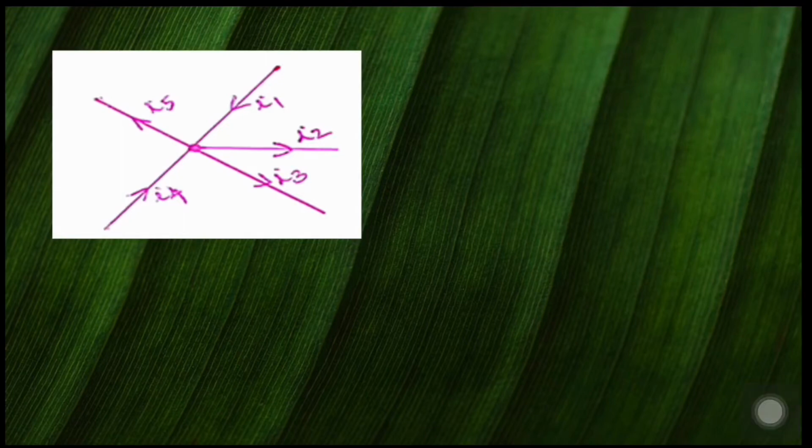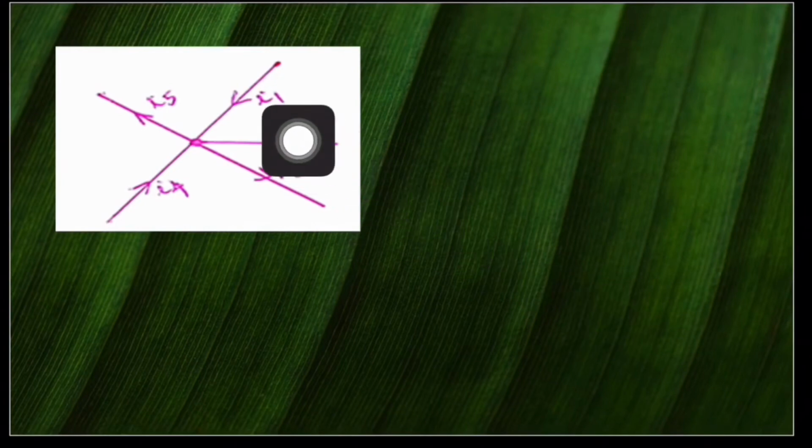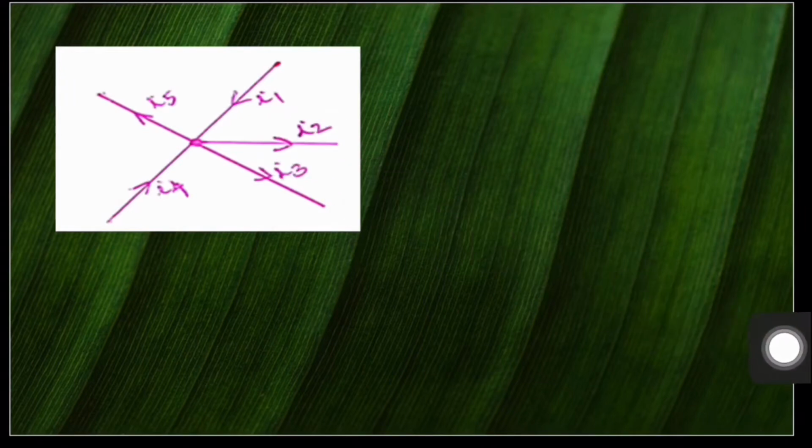Let us now write KCL for this particular node. First, look at this current I1. You can see it is an incoming current. So we assign a positive sign to this current and start our KCL equation with plus I1.